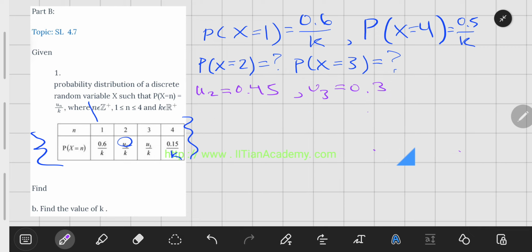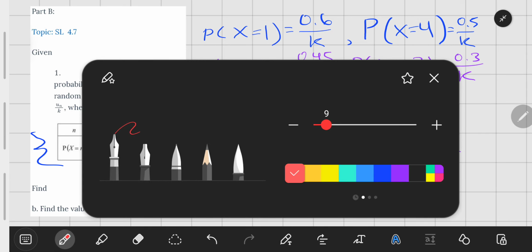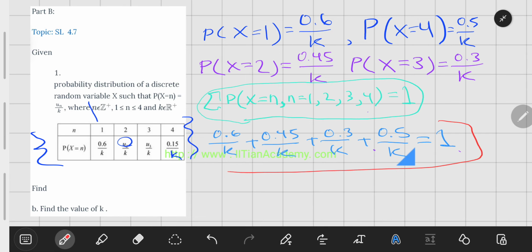We also have to use the fact that the sum of each probability within a distribution is equal to 1. We can evaluate and then isolate for k. So from question 1 as well as the table right here, we know that we have p at x is equal to 1 as well as p at x is equal to 4, but we're still missing the values for the numbers in the sequence for n equals 2 and n equals 3.